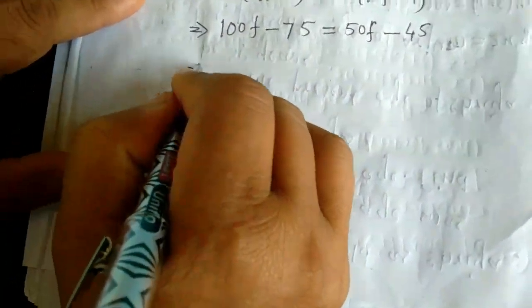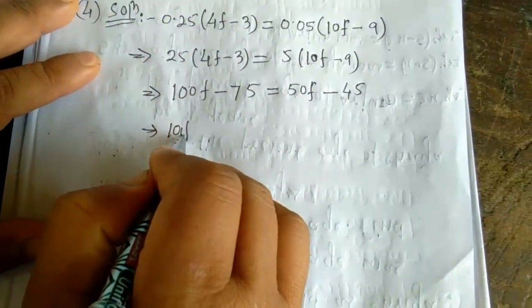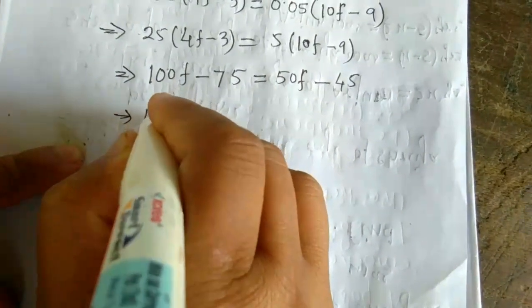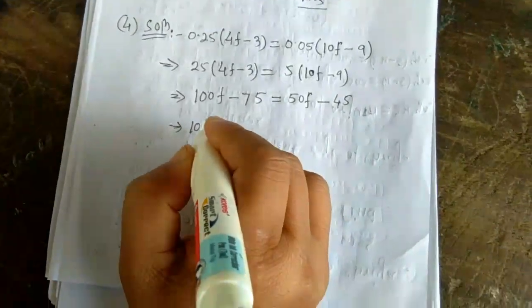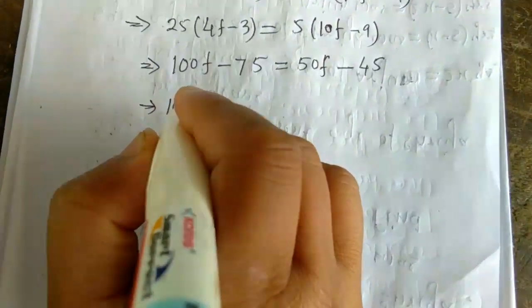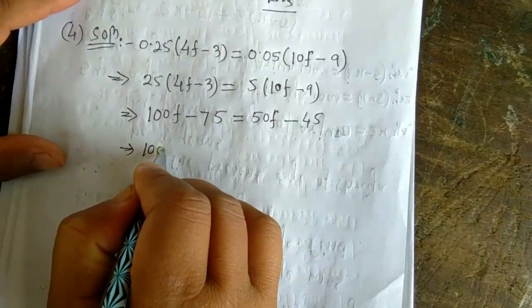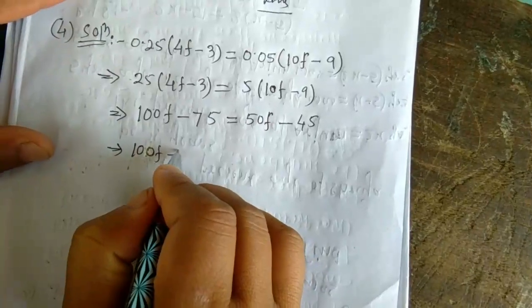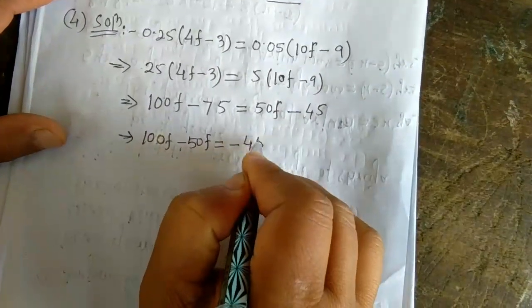Alright, f is on the left side, the constant term you transfer to the right side. 100f, this is positive on the right hand side. If you bring it to the left hand side, it will become negative: 50f equals minus 45.